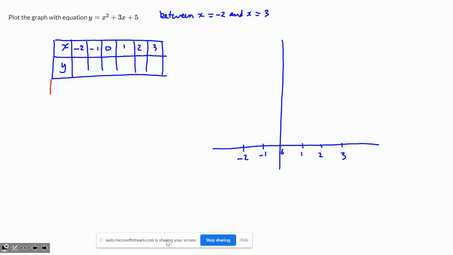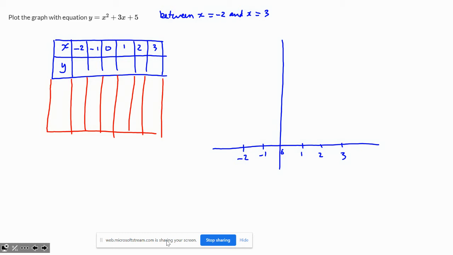However, one thing you can do is find out a little bit more information. We know that y is equal to x squared plus 3x plus 5. Okay?